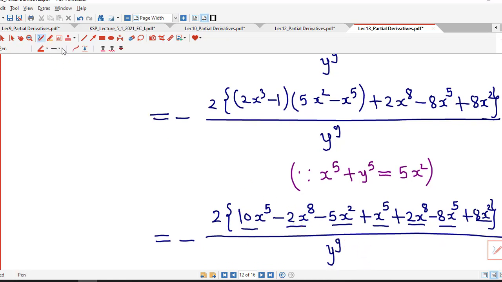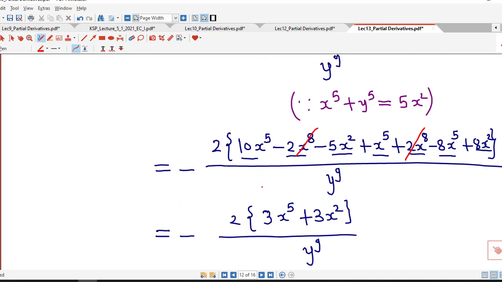Here we can see all these terms will cancel out, the x raised to 8, and we have 10x raised to 5 plus x raised to 5, which is 11x raised to 5, minus 8.